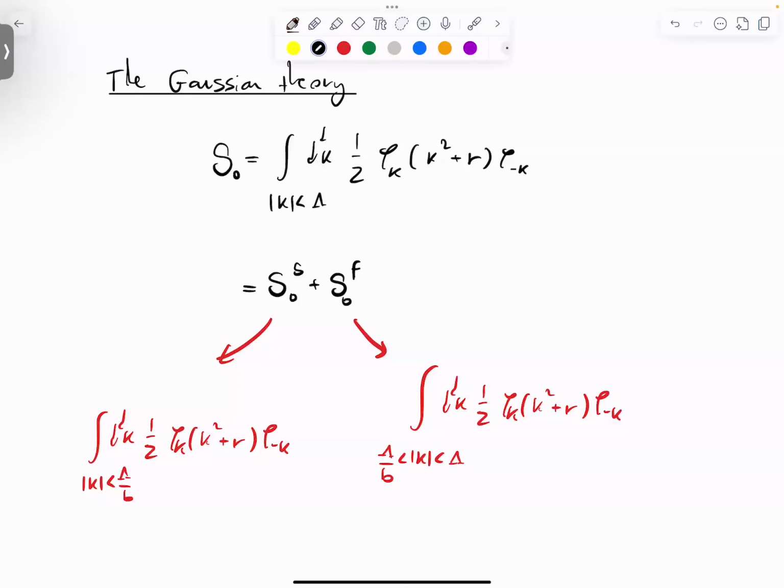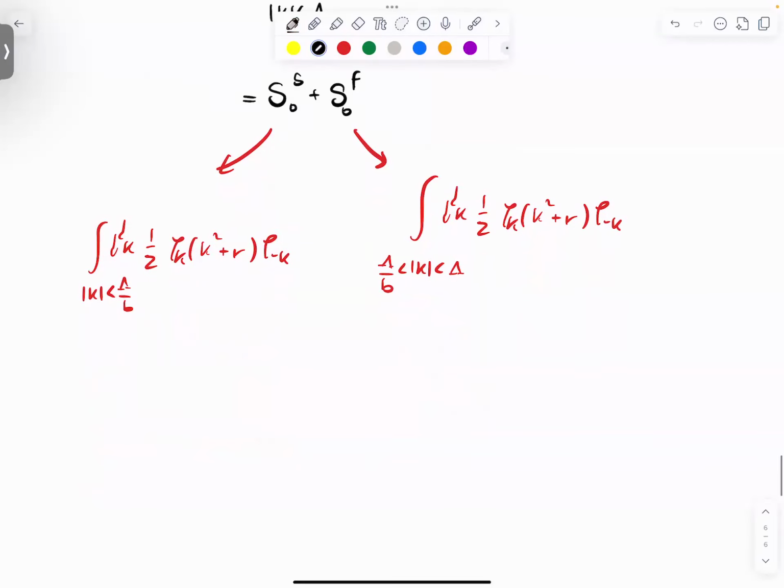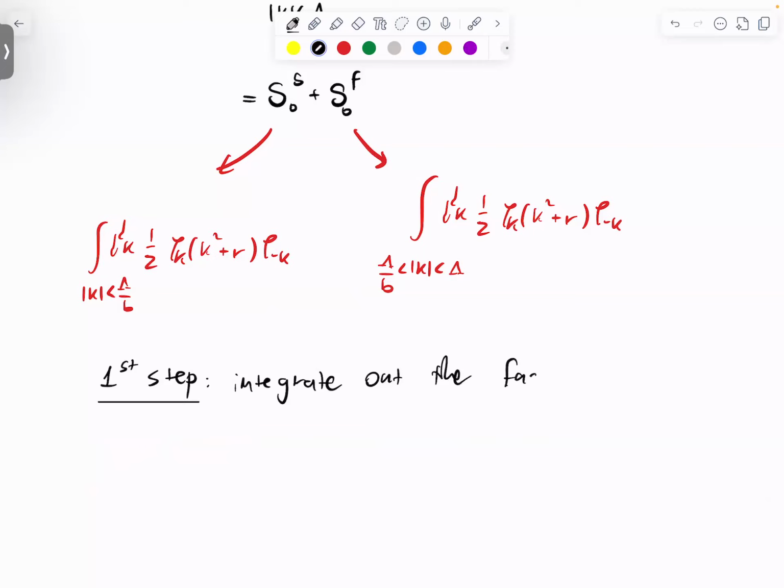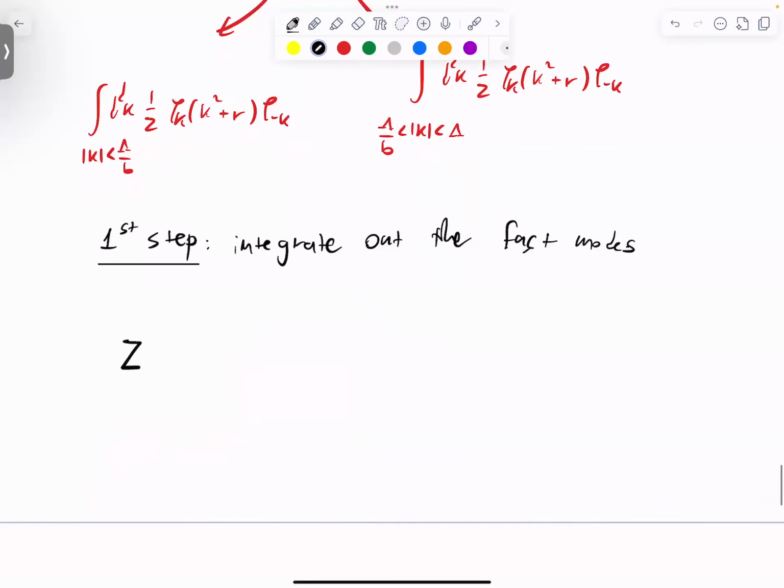so the first step of the RG is to integrate out the fast modes. So we write something like Z is equal to the integral over D phi.